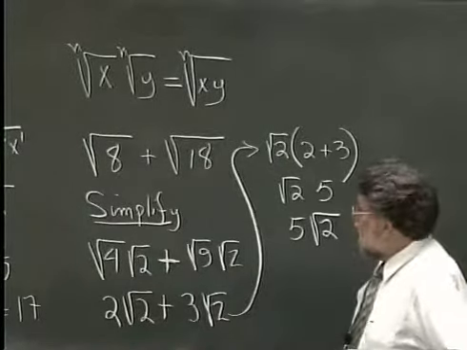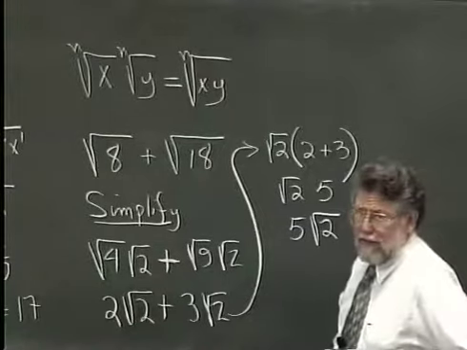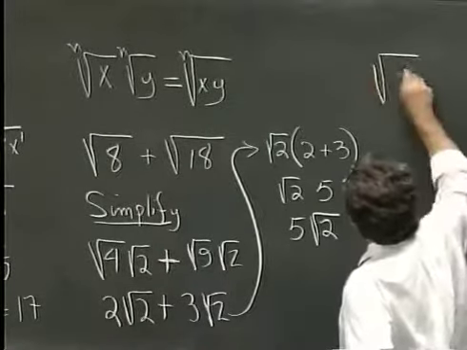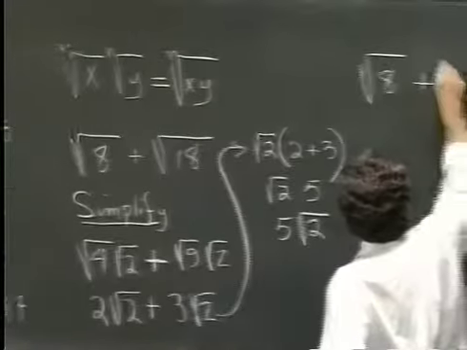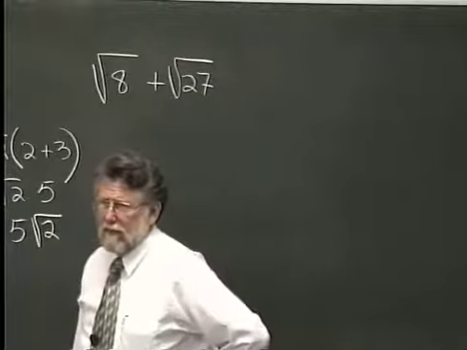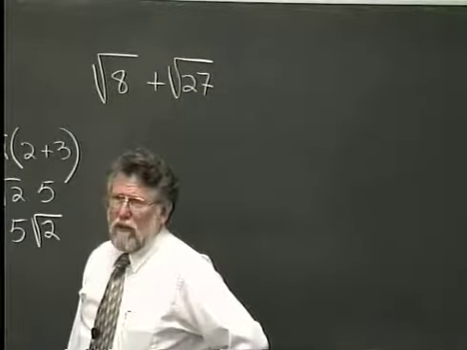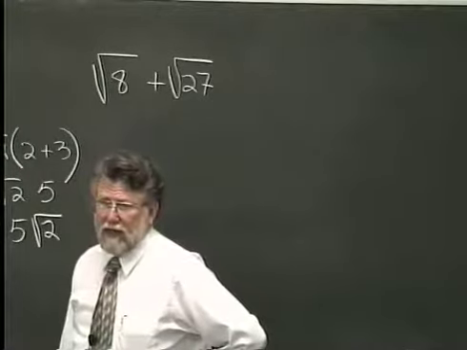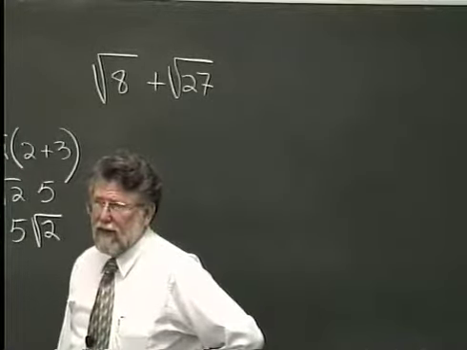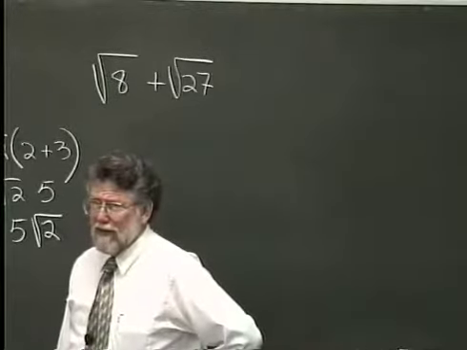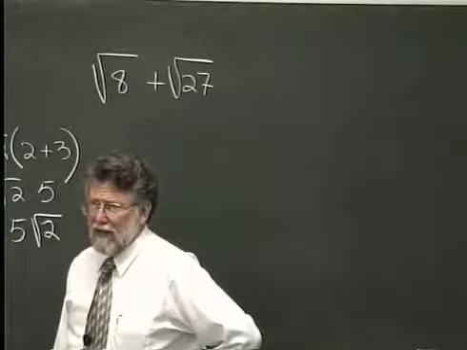Now, I was very careful in what I did. Let's say I instead had given you this problem. By the way, would you make a suggestion for an index that would have made this a piece of cake? 3, yes. If I had the cube root of 8 is? 2.